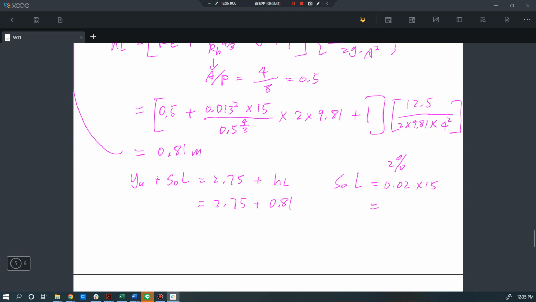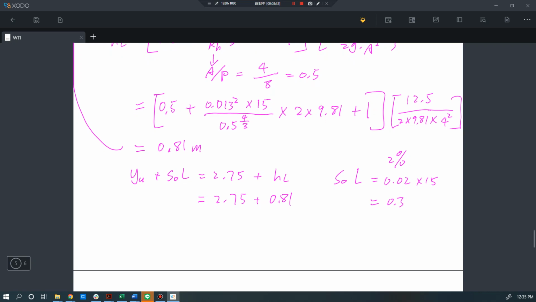So we know this term is equal to 0.3. Plug in here, and you can solve that YU is equal to 2.75 plus 0.81 minus 0.3, that is 3.26 meters.